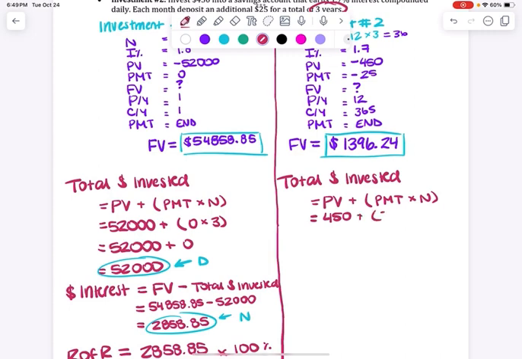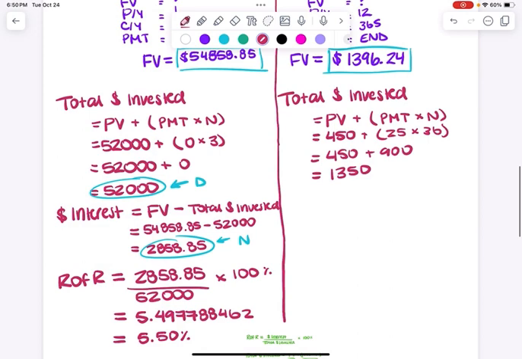And then I invested $25, a total of 36 times, because N represents the total number of payments. When I do that multiplication, 25 times 36, I get 900. And of course, I can add that now to my 450, and I find out that I've originally invested $1,350 as a grand total over those 3 years.